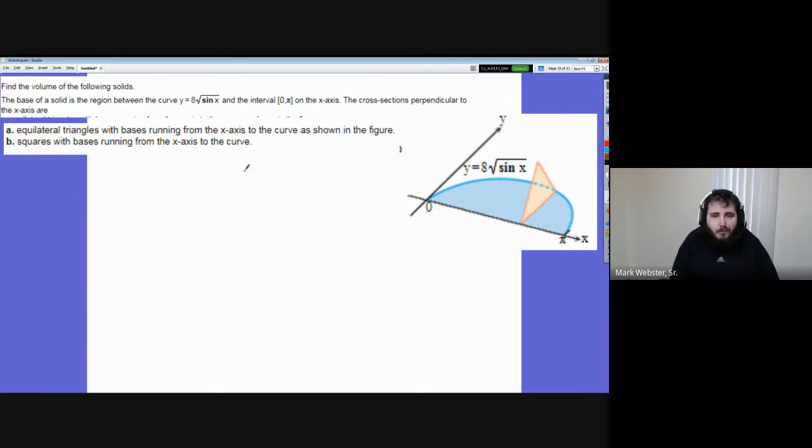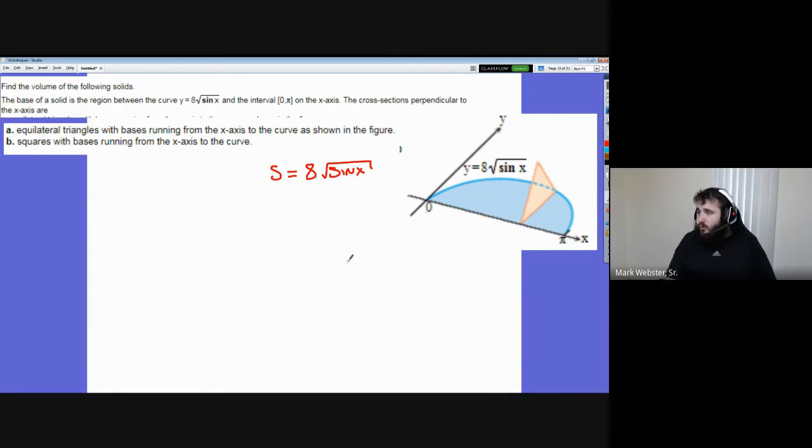So once again, I need to know what the length of a side is in order to do my equilateral triangle thing. Now, we got from 0 to 8 radical sine x, so the length of the side is 8 radical sine x.